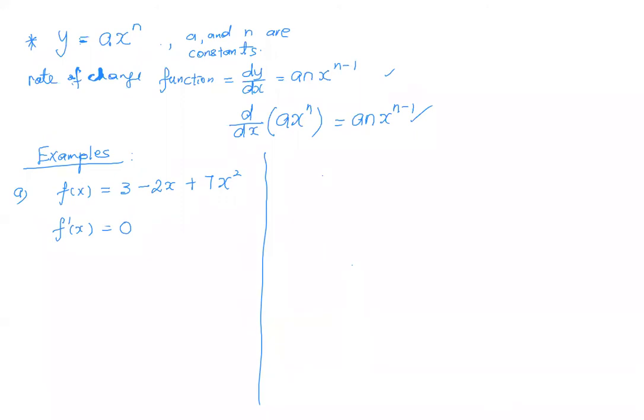Negative 2. Yeah, just now we have learnt. So how about 7x squared? 14x. Amanda? 14x. How do you get 14x? It's 7 times 2, then power, take away 1.